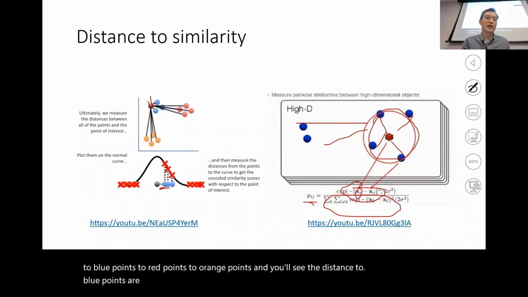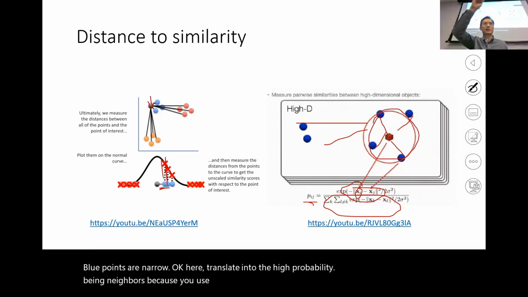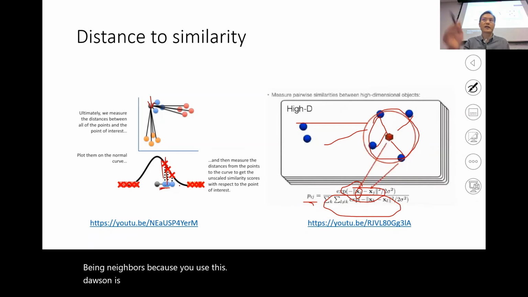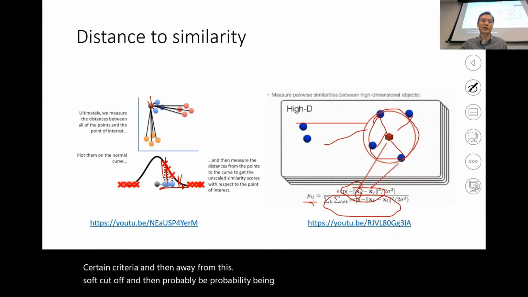Okay, you translate that into a high probability of being neighbors because you use this Gaussian curve, right? The other way, if you are away from a certain criterion and then away from this soft cutoff, then the probability of being neighbors becomes much lower.